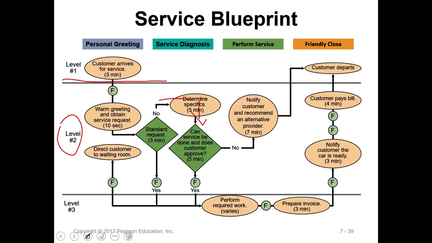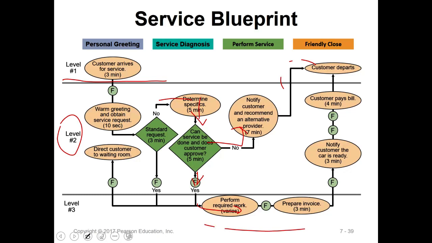If it's not okay, then they will go back and give you some other ideas, recommendations, or you may go to another shop to check if they can do it or not. If the customer is okay with the extra charge, they will go to the backside, level 3, and perform the real service.